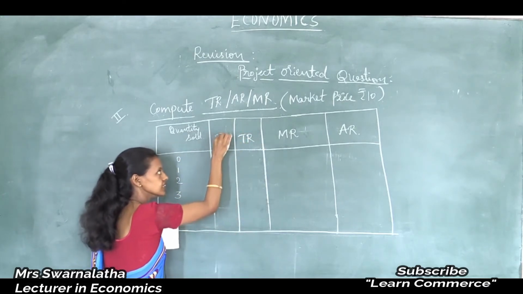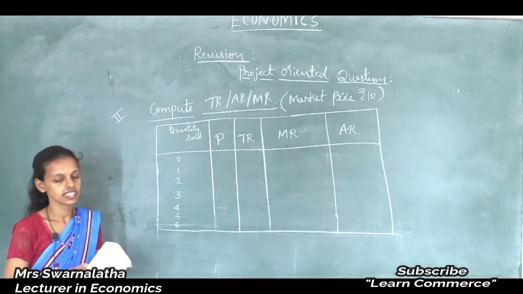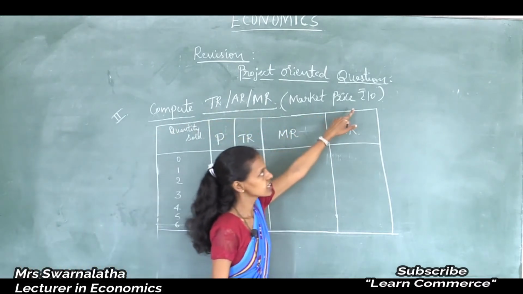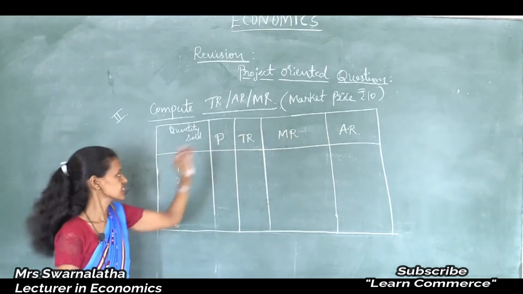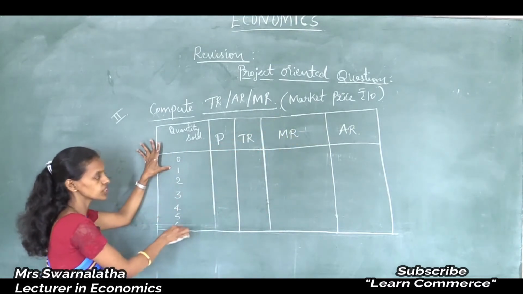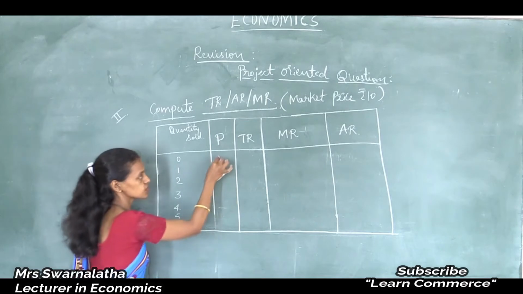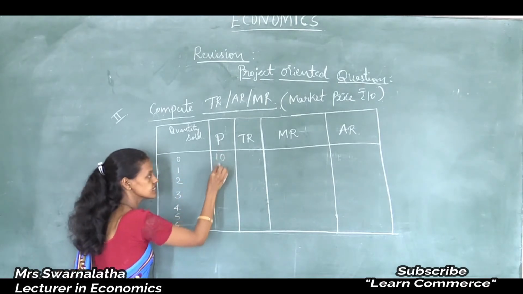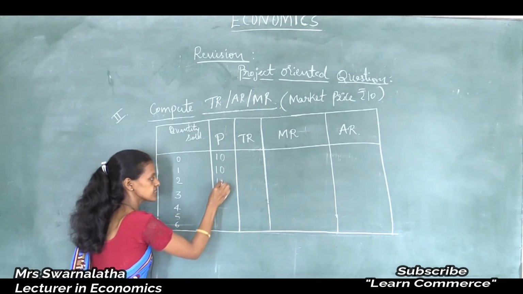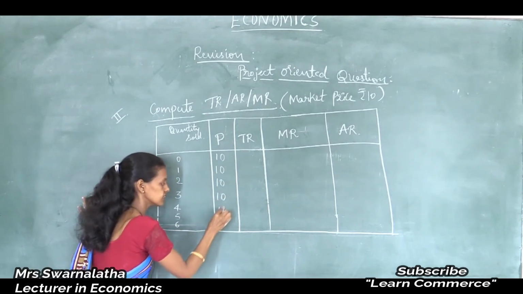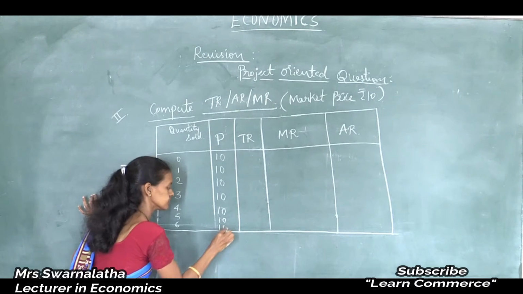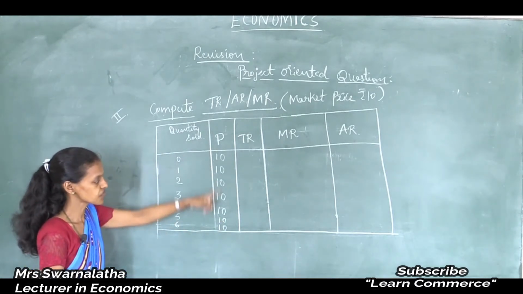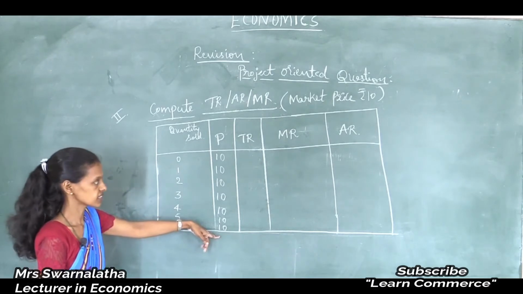Here you should add the price as P. What is the price given? Price P is given as rupees 10 each, meaning each quantity is sold at rupees 10. Thus 10 is kept as it is, 10, 10, 10, 10. So we are going to substitute the price values for each quantity.